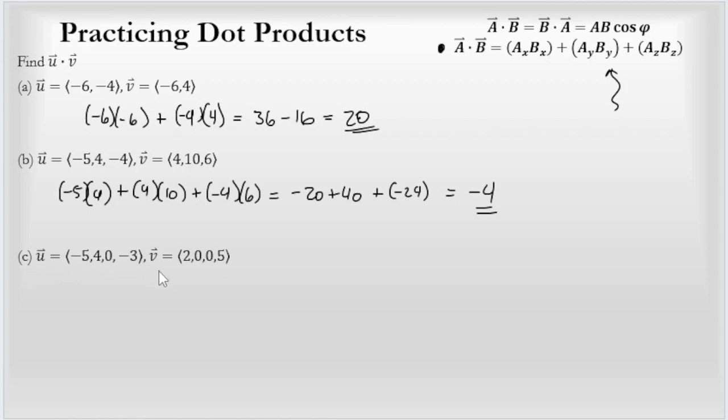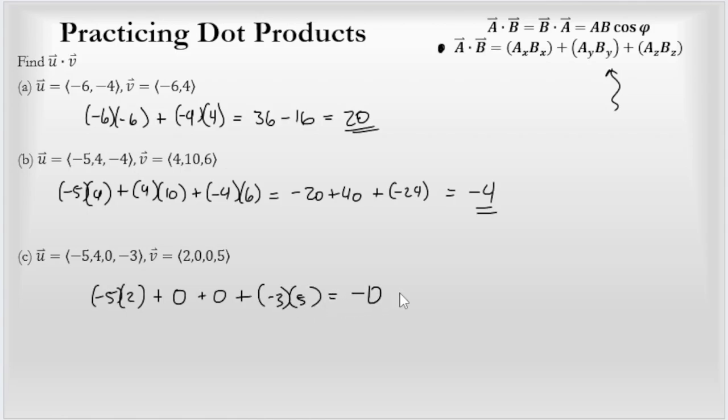Notice part C here is a vector in 4 space. So we're just going to do the same thing that we were doing on the first 2 parts. I'm going to take the x components and multiply them together. I'm going to add the y components together. I get 4 times 0. I'm just going to put 0 here. The z components, I get 0 and 0. And then in the extra dimension here, you could call it the W dimension, whatever you want to call it, -3 times 5.